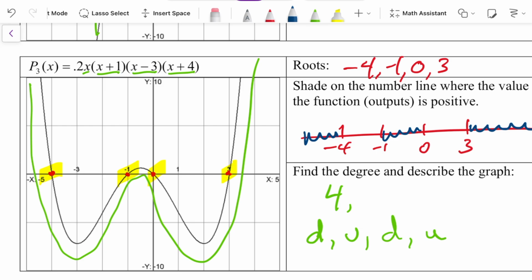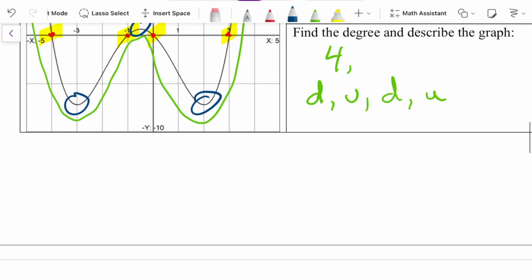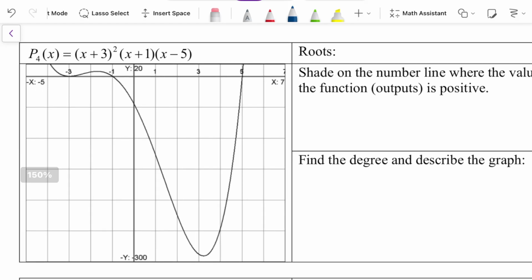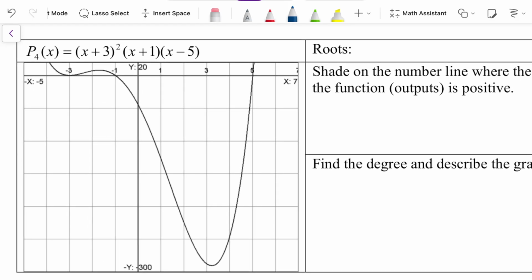Now, most textbooks will say, look at the direction changes or the turnarounds. 1, 2, 3, and add 1 to that to come up with 4. However, some graphs not easy to do that way. The one after this one, you'll see.